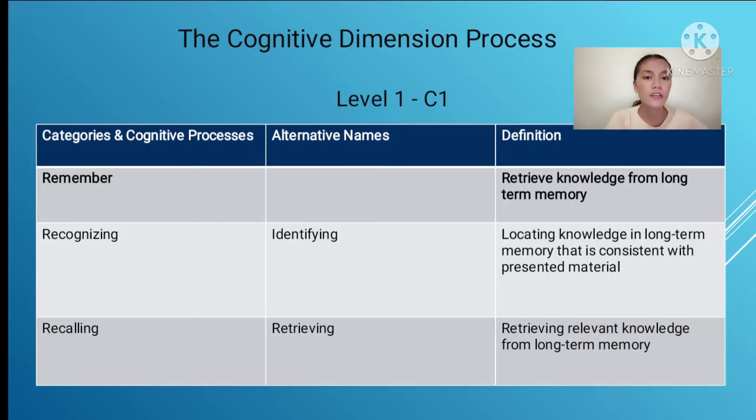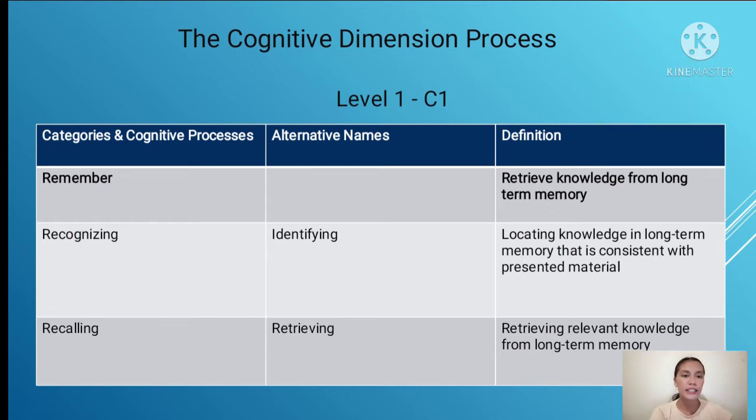As you can see, the following tables show the categories in cognitive processes, alternative names, and definitions in every level of the revised terms. The cognitive process dimension, level 1, category 1. The category 1 is remember, which is defined as retrieving knowledge from long-term memory.